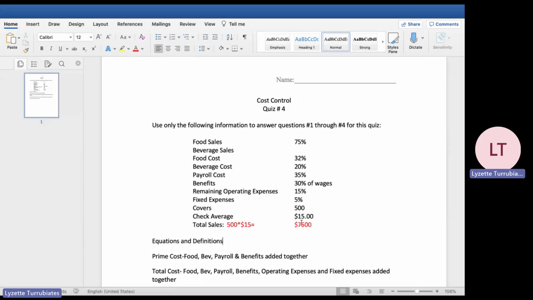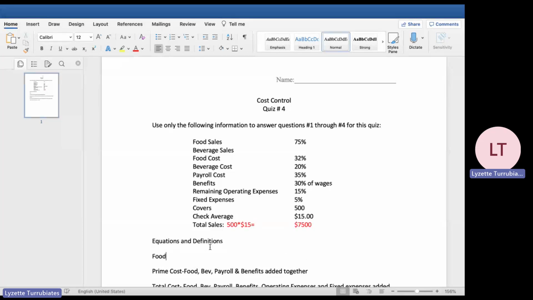Okay, now that we have our total sales, we start calculating everything else. To figure out our food sales dollar amount, I'm going to put a little definition or clue. I'm abbreviating FS as the food sales percentage, and you're going to multiply that by your total sales.